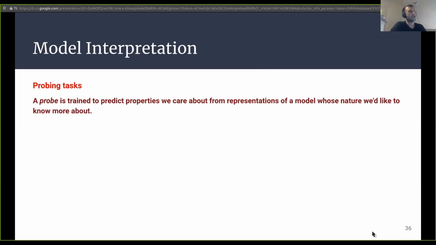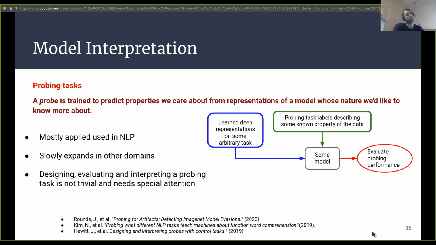A recent way of evaluating deep learning models is the probing task. In particular, a probe is trained to predict properties we care about from representations of a model whose nature we'd like to know more about. What we mean is that we have some learned representations on a downstream task through a deep learning model. At the same time, we are able to get some labels on a probing task from the data that we have.